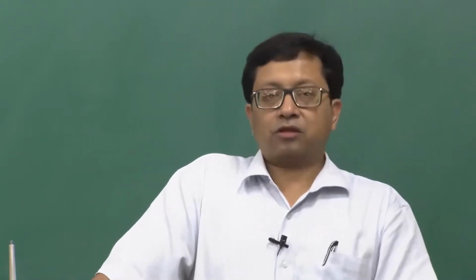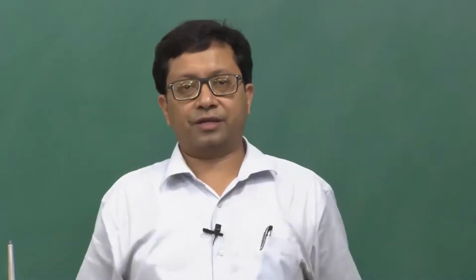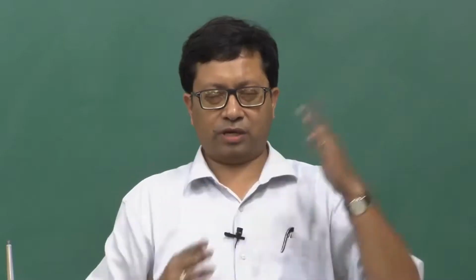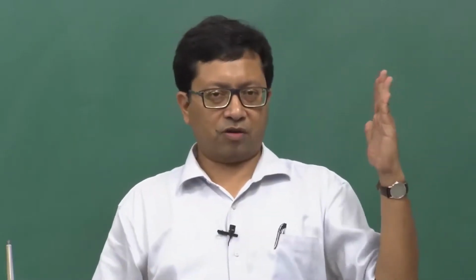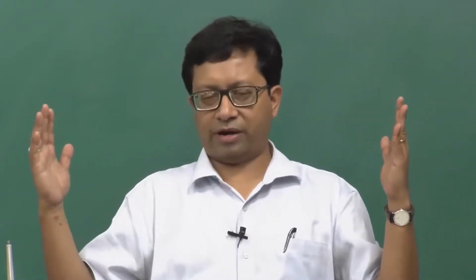So, you want to find out the process capability ratios. Recall, now you want to find out the overall coverage. If you see this formula, it would immediately make sense, what I have been repeating time and again. The upper control limit is on my left-hand side, the lower control limit on my right-hand side.